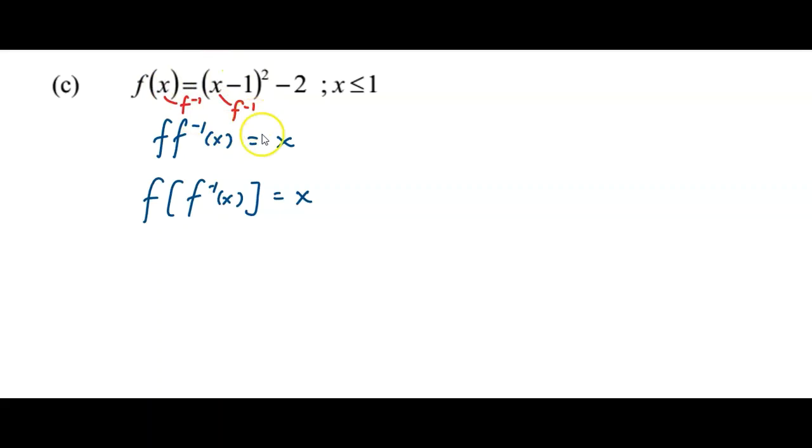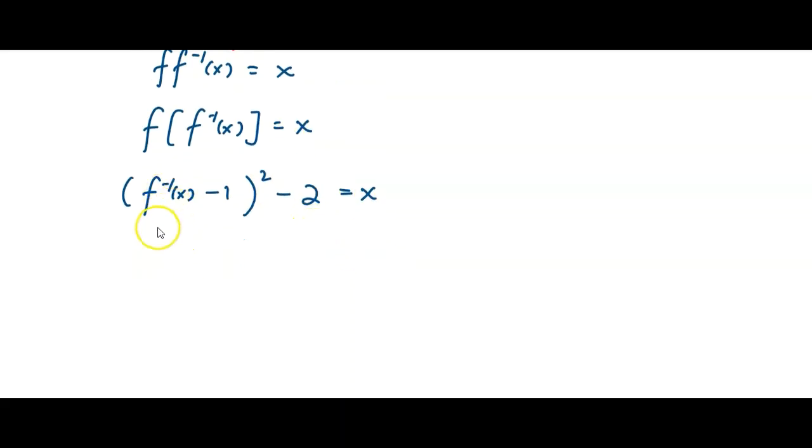So I have my f inverse can be written as (f inverse - 1) squared - 2, and this is equals to x. Now we try to make the f inverse the subject. I got (f inverse - 1) squared equals to x plus 2.